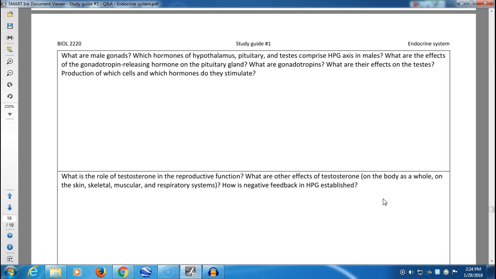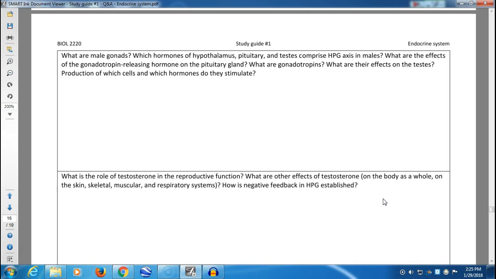What is the function of testosterone in males? What do you need testosterone for in males? Like, imagine there's a male that doesn't produce luteinizing hormone. Will this person have functional sperm?